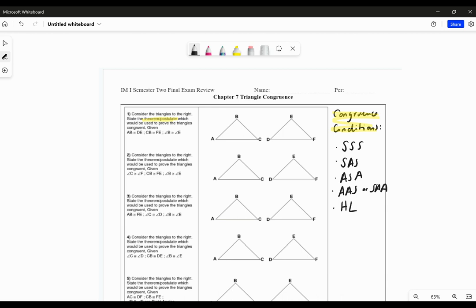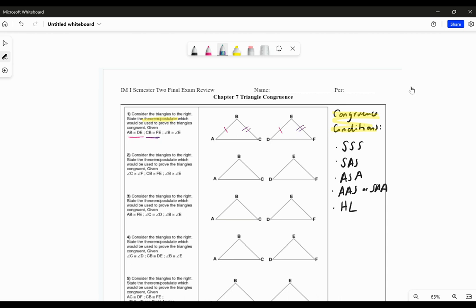So they gave us some information here. They gave us one of the sides. They said that this side, AB, is congruent to DE. Then they said CB is congruent to FE. And notice I put 2 tick marks so I know that there are different lengths and they correspond to a different side of the second triangle.